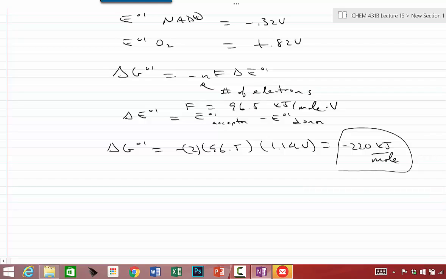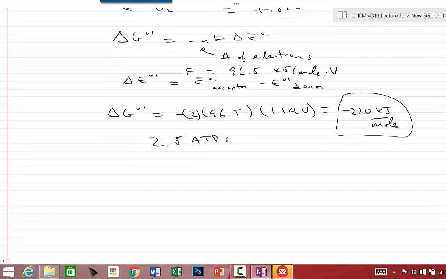Close to 3, close to 3. So I mentioned that books vary, but in our book it's 2.5. Okay, so there's 2.5 ATPs that are created.